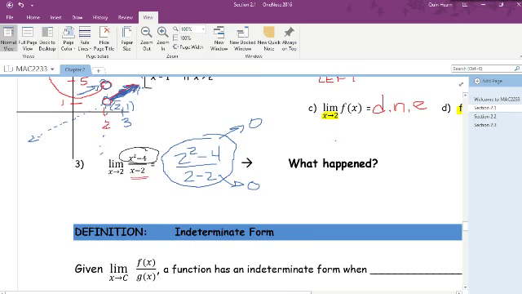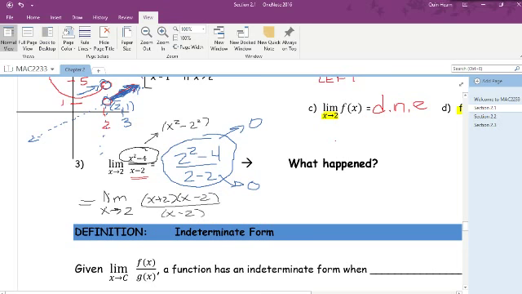Very good, Taylor. So you're going to think of it as x squared minus 2 squared. And a difference of squares factors into conjugates, x plus 2 and x minus 2. So this is the limit as x approaches 2 of (x plus 2)(x minus 2) over x minus 2.